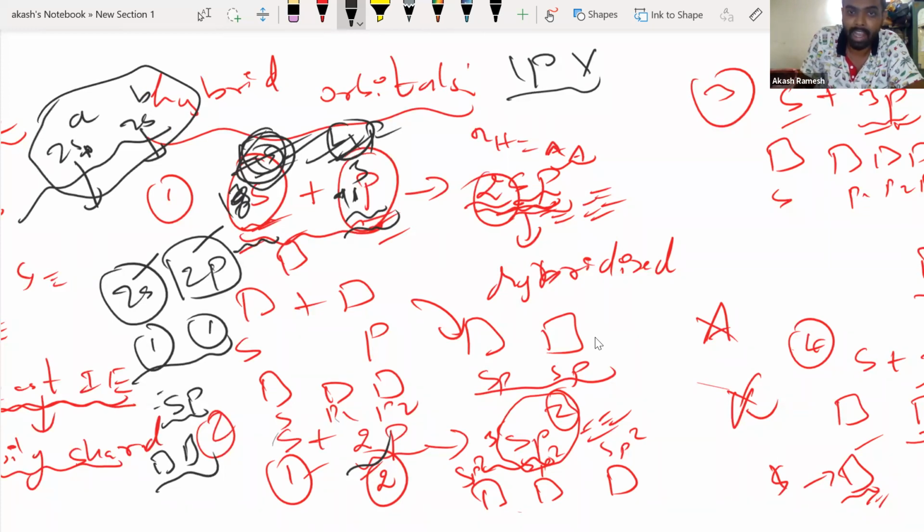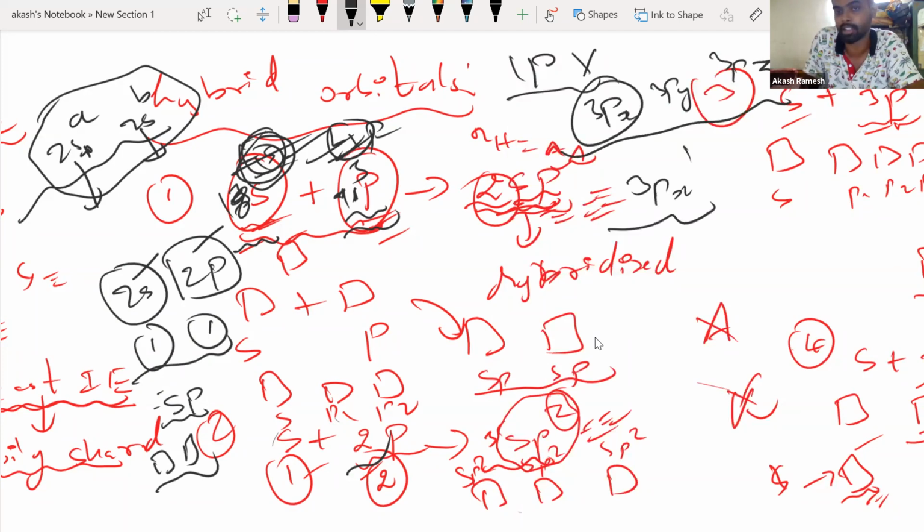Same way, I can take 3px, 3py, and 3pz, all 3. But I cannot take 3px and another 3px dash. I cannot take these two together. Do you get the point?